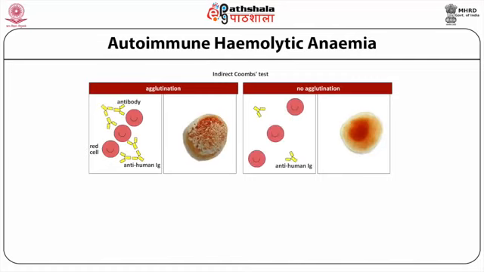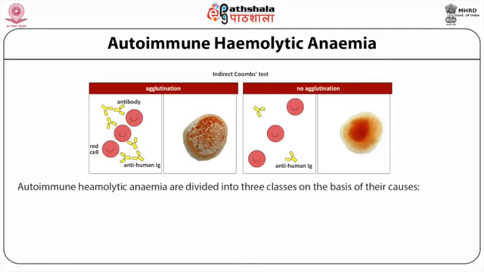However, in brief, these diseases represent a pathological situation when the immune system forgets the distinction between self and non-self antigens. As autoimmune hemolytic anemia is a part of hypersensitivity type 2 reactions, we will include this in our discussion here.